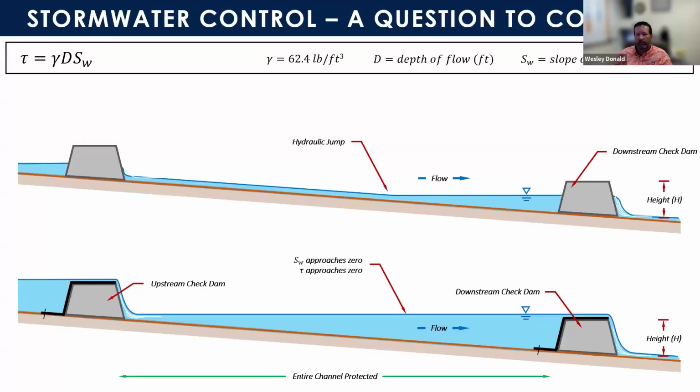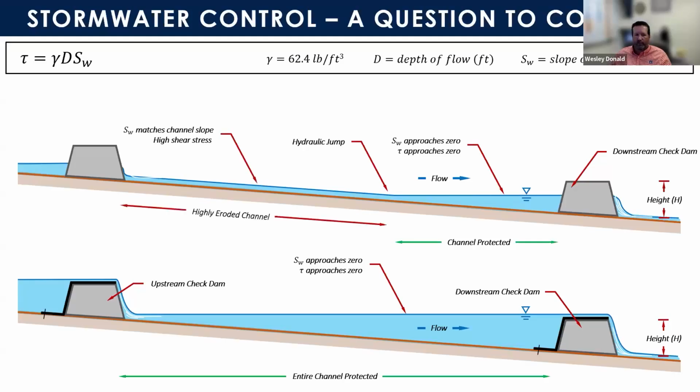I just talked about this earlier, how we want to control stormwater by managing flow through, getting that hydraulic gradient slope as close to zero as possible, reducing these areas of highly eroded channels. And if we cause our check dams to overtop, then we're going to maximize that entire impoundment capability. Something I've been thinking about is, do we need to have a minimum check dam or ditch check impoundment length?